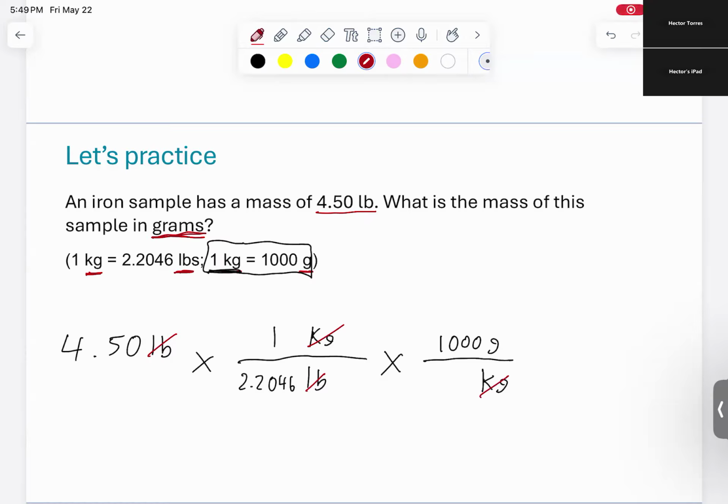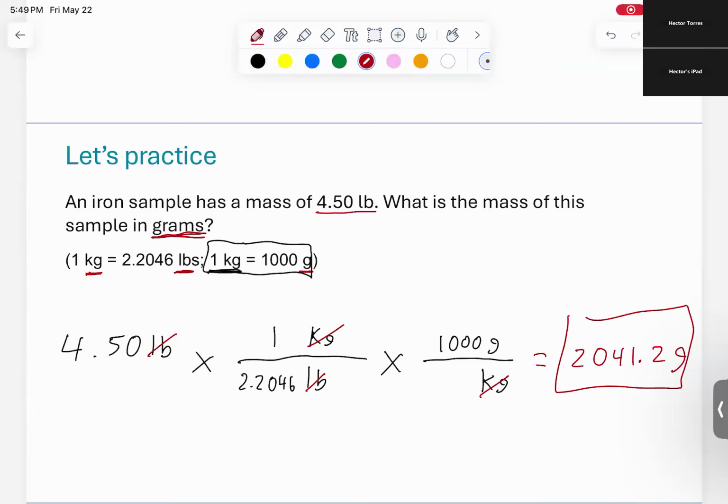So my only unit left is going to be grams. Now I can just put that into my calculator, and it gives me about 2,041.2. This is in grams. So that's going to be our final answer.